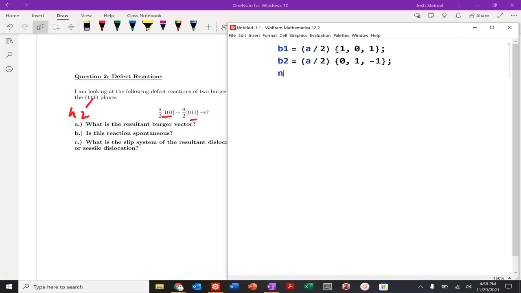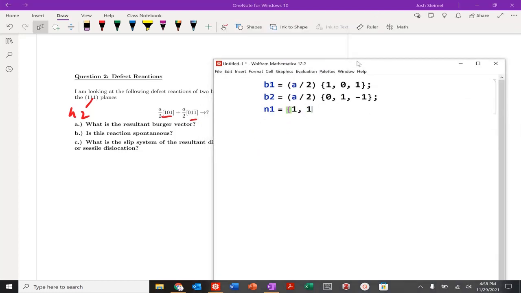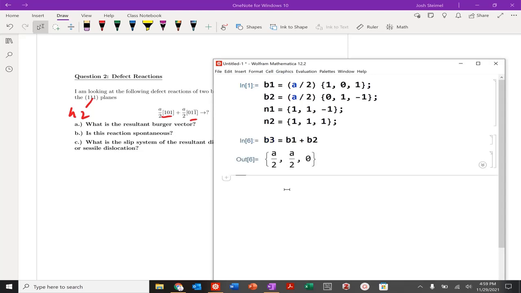So those are my B2. My N1 is going to be equal to 1, 1, minus 1, and my N2 is going to be equal to 1, 1, 1. Fantastic. So if I do B1 plus B2, that's going to give me my B3, so basically 1, 1, 0.